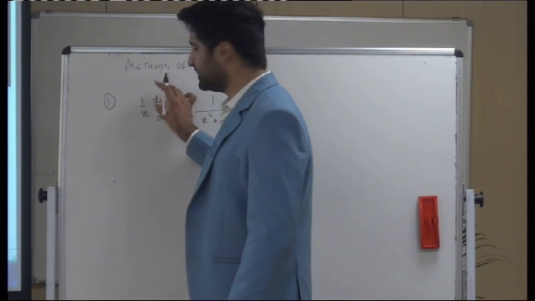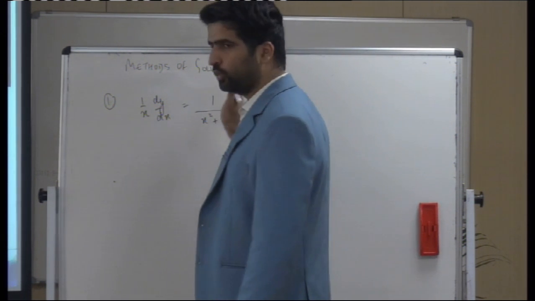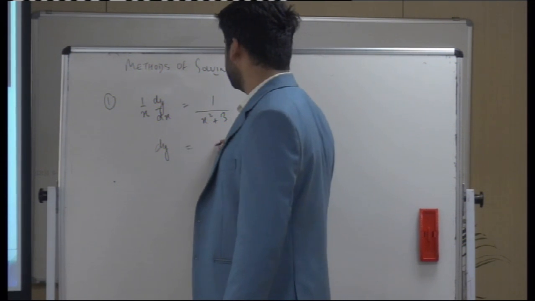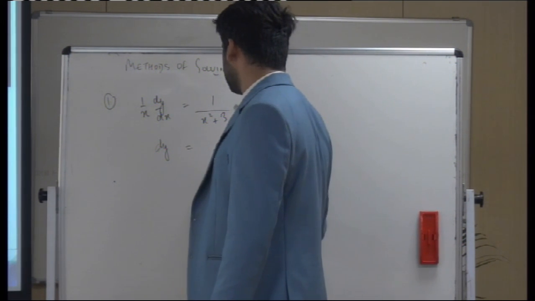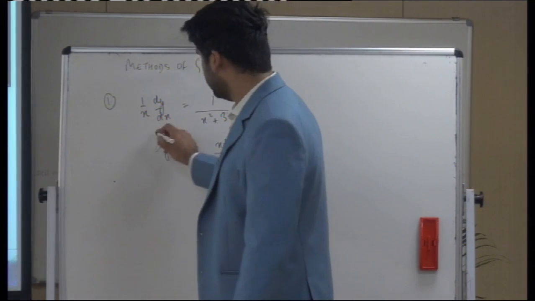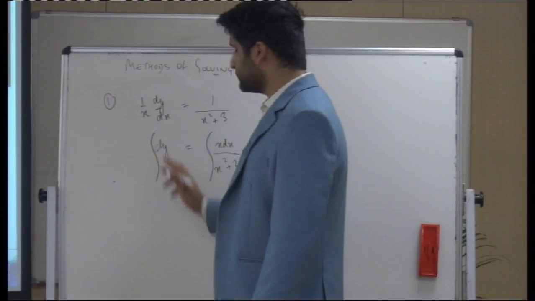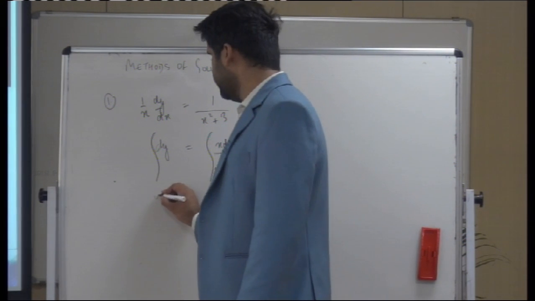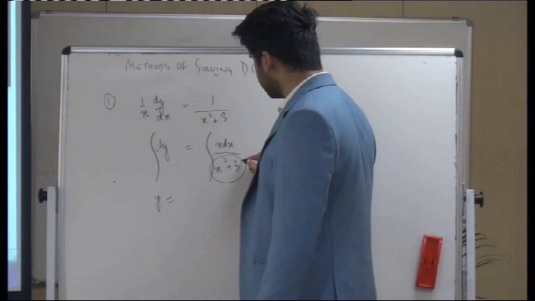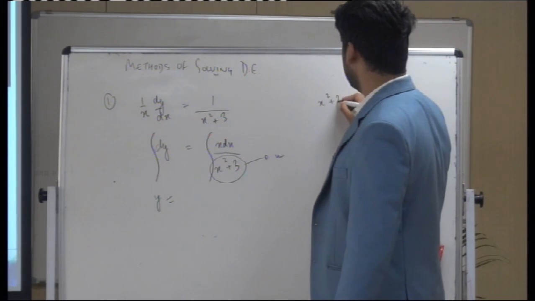So are there any terms containing y over here? No. All the terms are containing x. So we'll take all these terms on one side. So we get dy is equal to x dx upon x square plus 3. Right? And then we integrate on both sides. So what is the integration of dy? This will be just y. How to integrate this one? We take x square plus 3 as some function u, so x square plus 3 is equal to u.